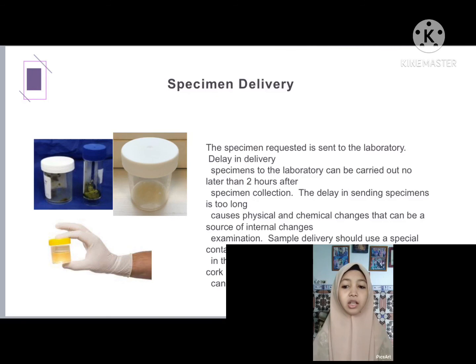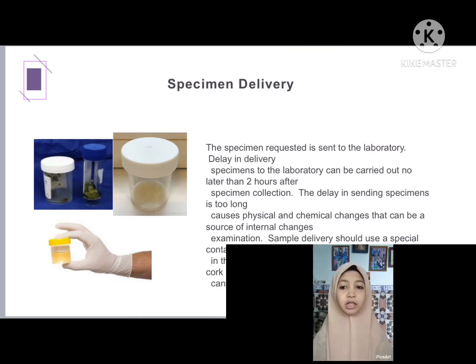Examination samples should be delivered using a special container, for example a special box or bag made of plastic, cork, or styrofoam, that can be tightly closed and is easy to carry.